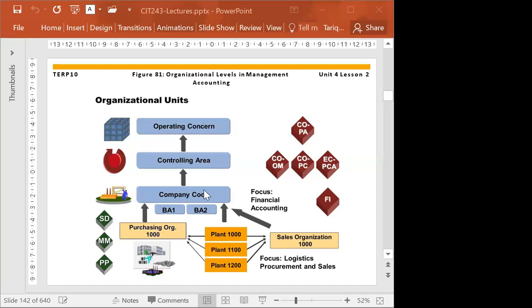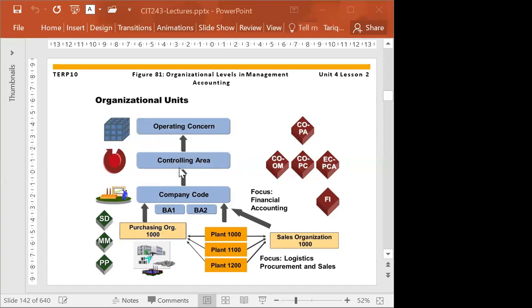The company code is an independent unit for financial accounting. At this level, we create the financial accounting statements like the income statement and balance sheet, but this is for external purposes. All transactions, as I mentioned, come from financial accounting and go to controlling areas.